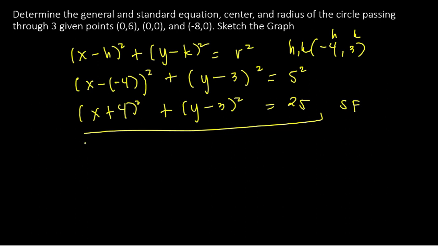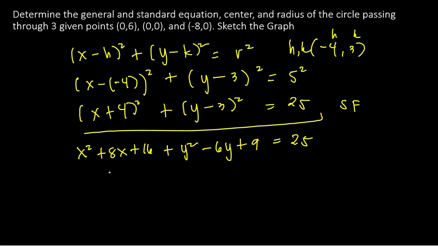So, para makuha natin yung general equation, kailangan nyo lang i-expand ito. So, magkakaroon tayo ng x squared plus 8x plus 16. So, ito naman pag in-expand natin to, magkakaroon tayo ng plus y squared minus 6y plus 9 is equal to 25.